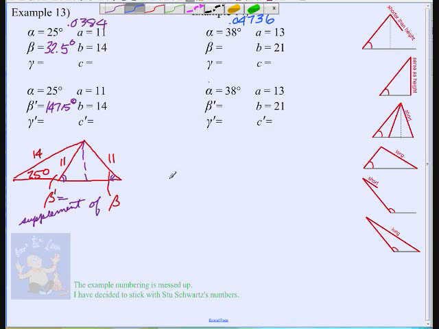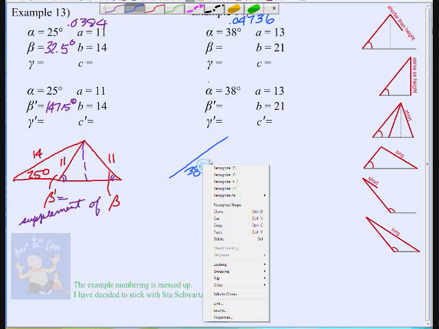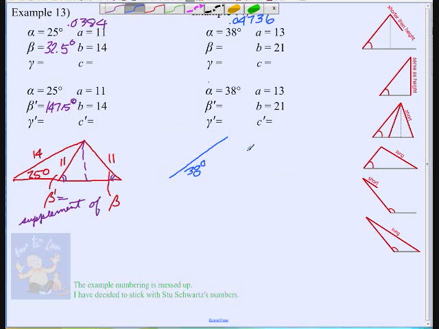Let's do my drawing. I've got 38 degrees for my given angle. I've got a B of 21.